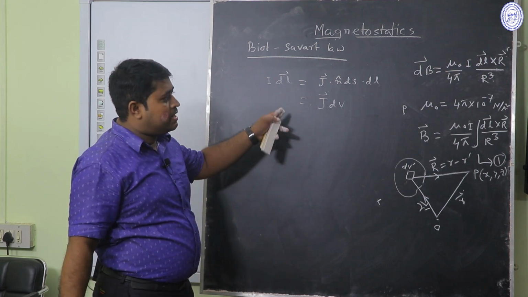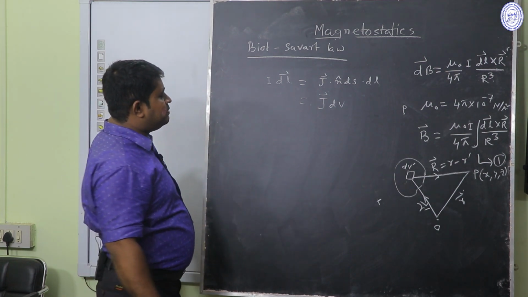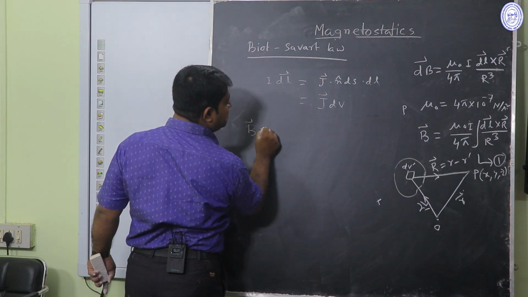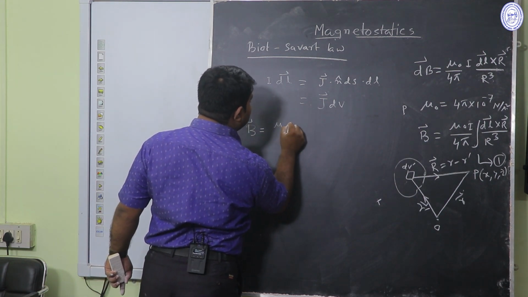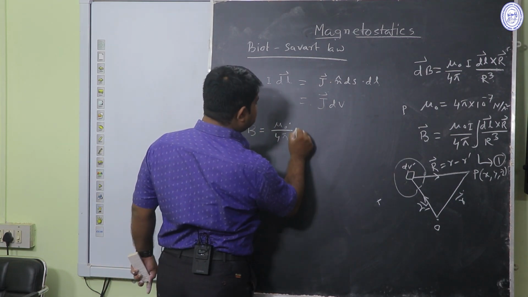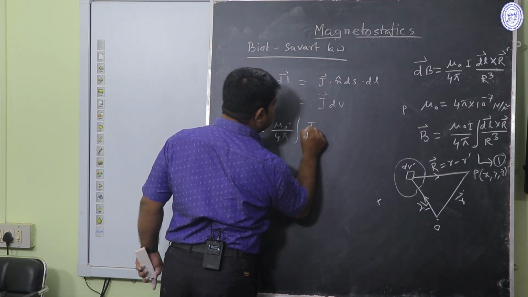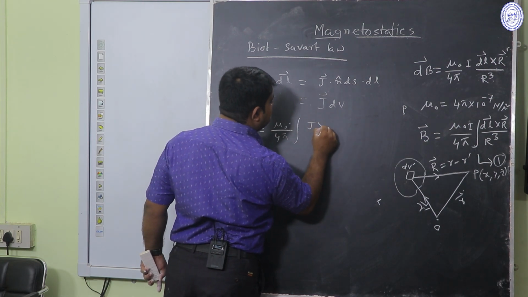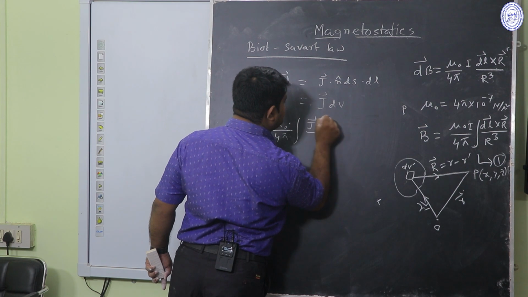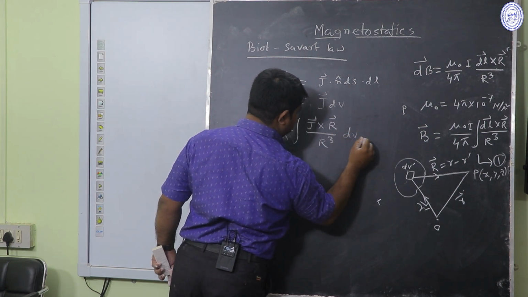So, in terms of current density, the magnetic field for volume current distribution is B equal to mu 0 by 4 pi integration J cross R by R cube into dV.